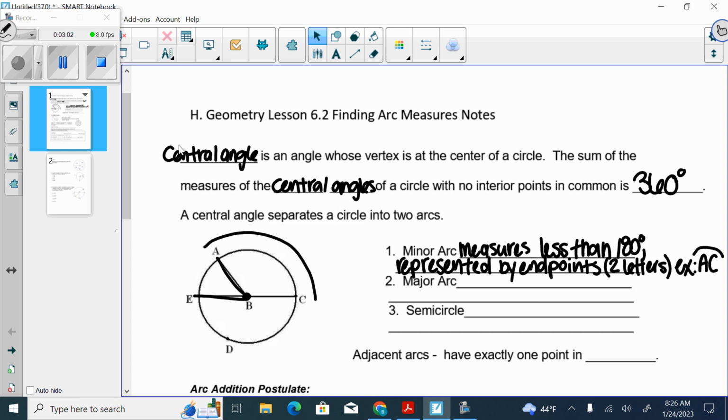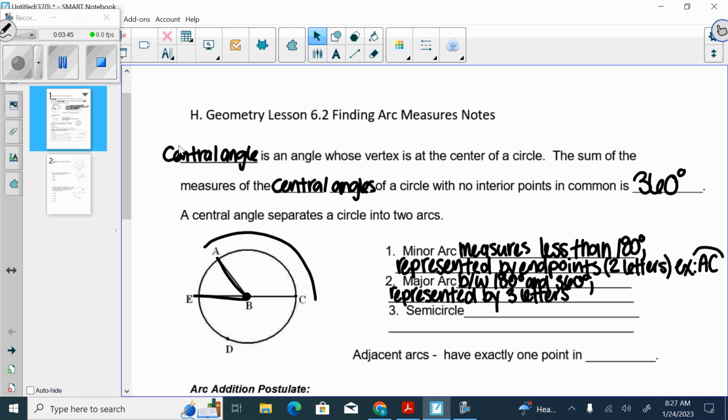Any guesses on what the measure for a major arc is? More than 180, right. So this is going to be between 180 degrees and no more than 360, because that would mean you've gone all the way around the circle. So between 180 and 360 degrees. This one is going to be represented with 3 letters, or 3 endpoints.